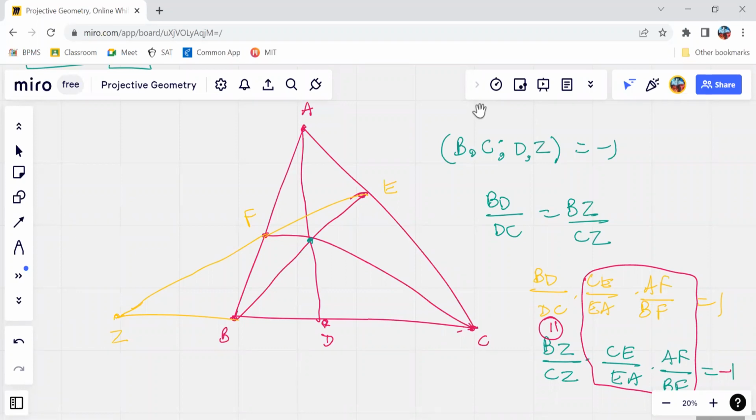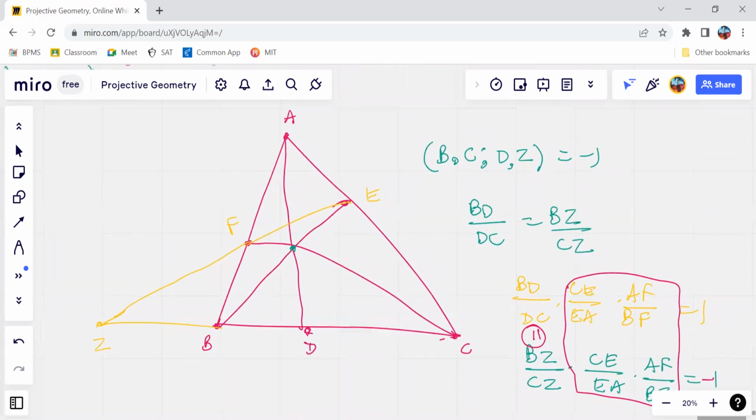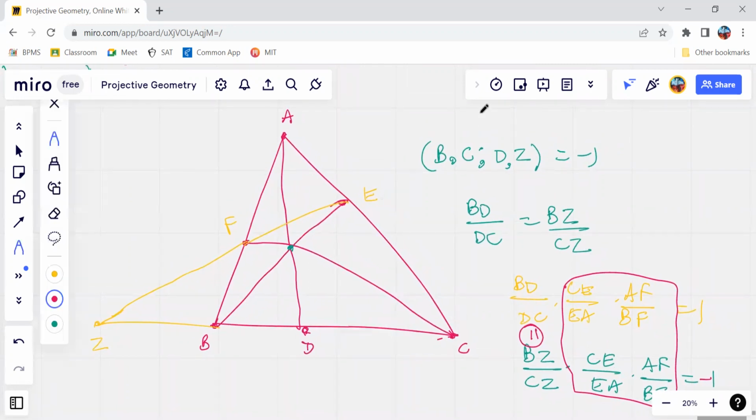We can just try to project from point A, then we can try projecting from point B. What? Oh, you mean, yes. So because we have this cross ratio to be something nice, we can also look for what other cross ratios are nice.